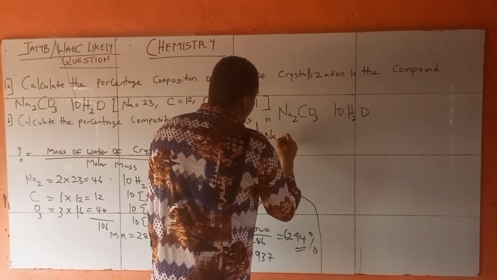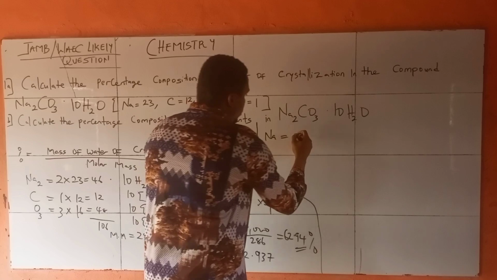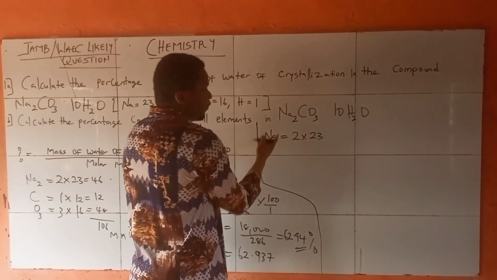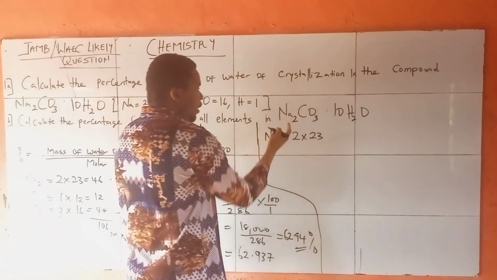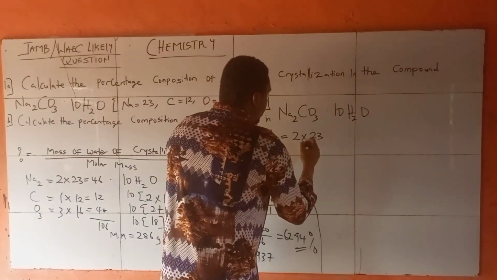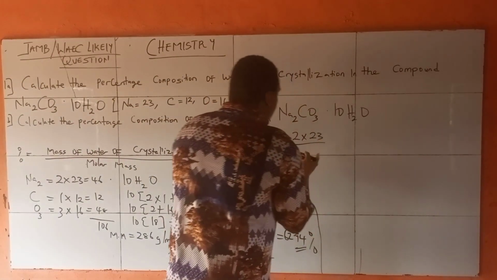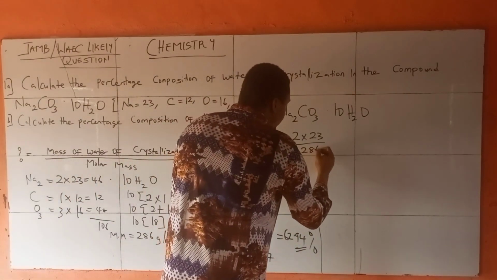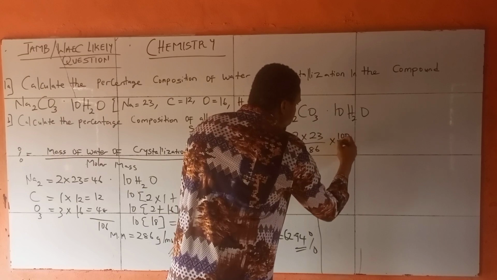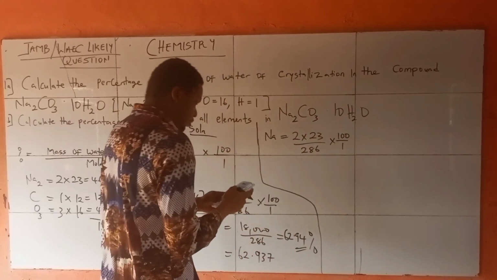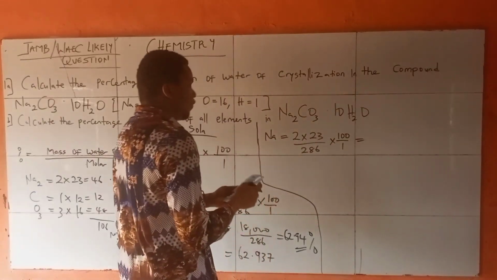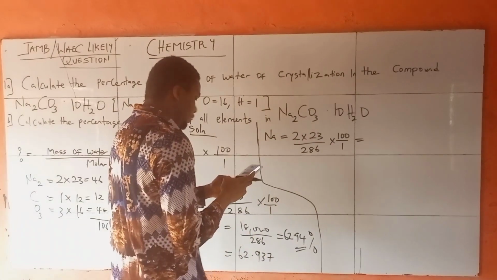Starting with sodium, it will be what? 2 times 23. Don't forget, we have 2 atoms of sodium here. 2 times 23 over a molar mass of 286, times 100 over 1. This will give us what? 46.